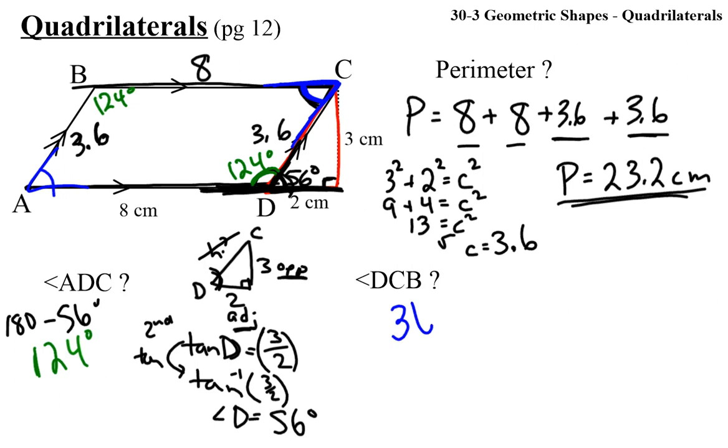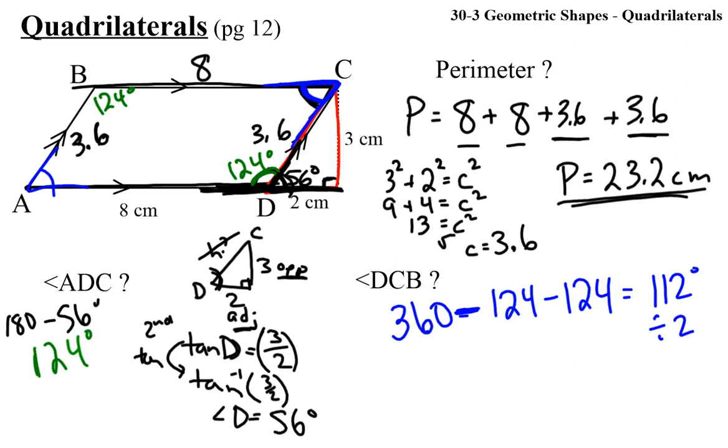So we know it's 360 for the entire parallelogram. Subtract the two 124 degree angles, and that's going to leave us with 112 degrees, but it needs to be split between the two angles. So we have 56 degrees for each angle.